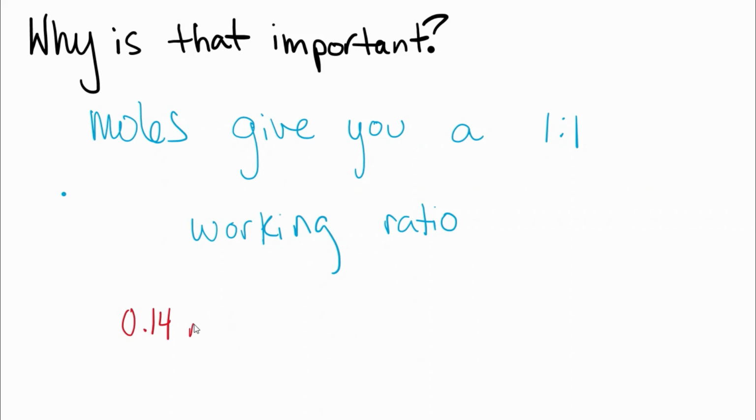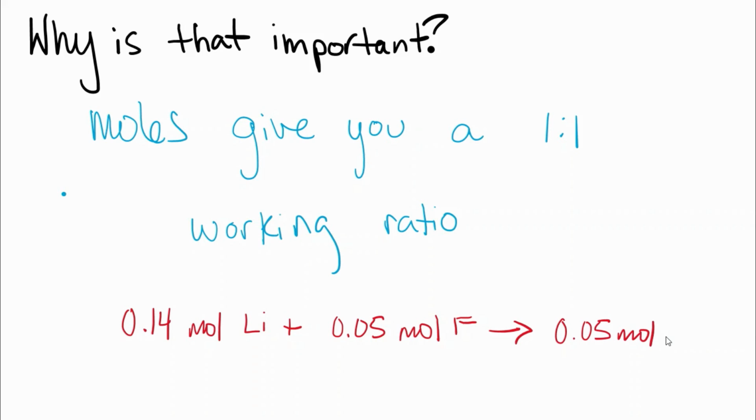0.14 moles of lithium. And if we react it with 0.05 moles of fluorine, the only amount of lithium fluoride you can get out of that would be 0.05 moles of lithium fluoride, because you would be limited by the amount of fluorine in that reaction, because there's much less fluorine than there is lithium.